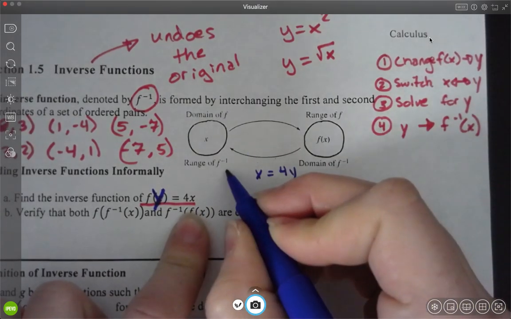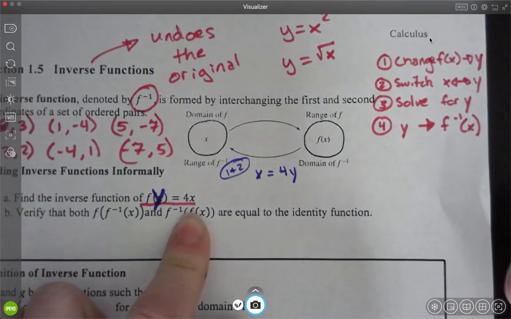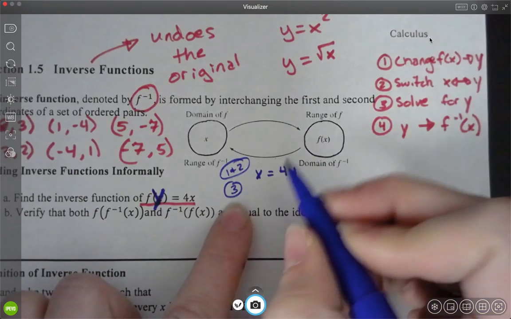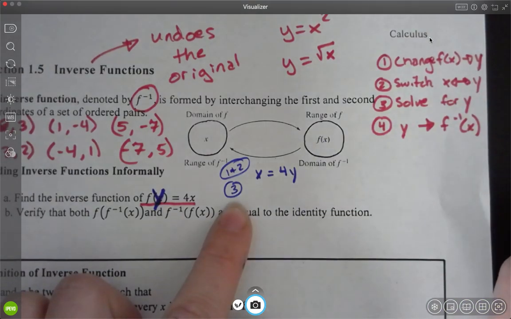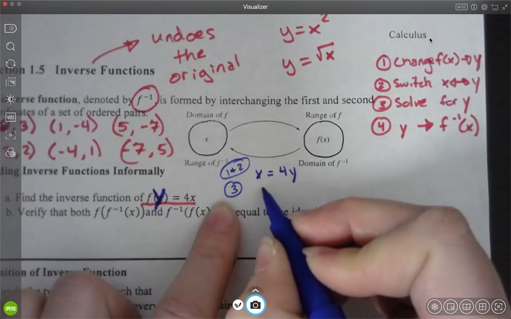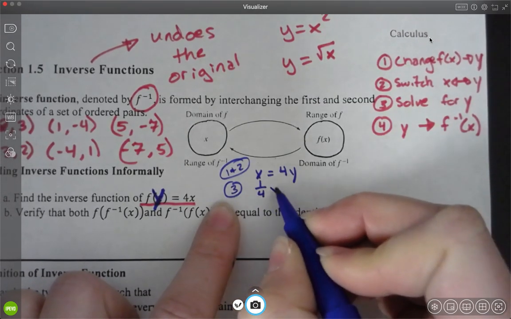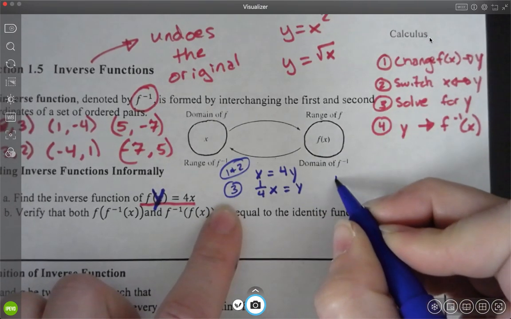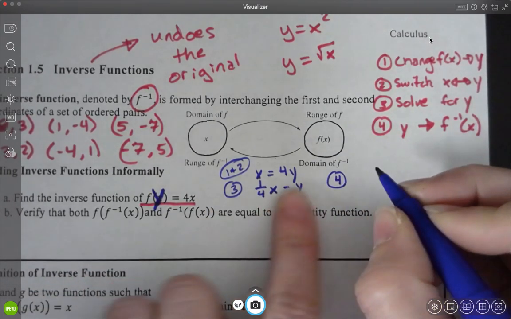That's like step 1 and 2 at the same time. Then step number 3, I'm solving for y. So how do I get y by itself? Divide by 4. A lot of people call that x over 4. I'm going to write 1/4 x rather than x over 4 equals y. And then step number 4 is y becomes f inverse.